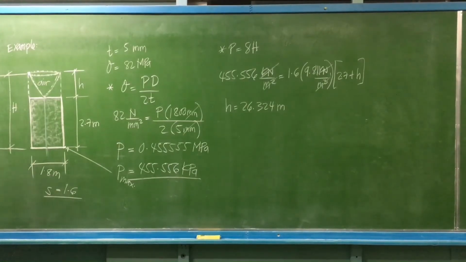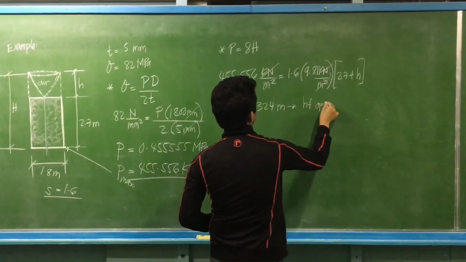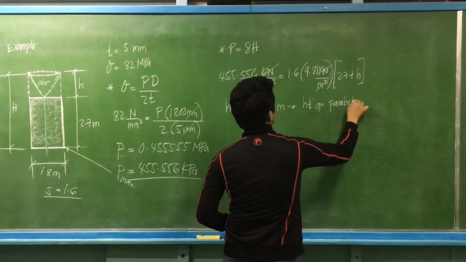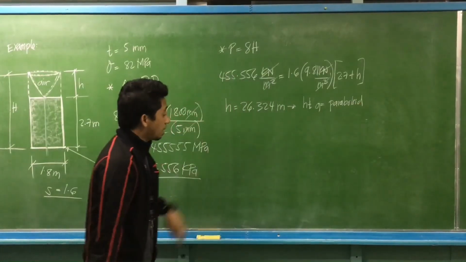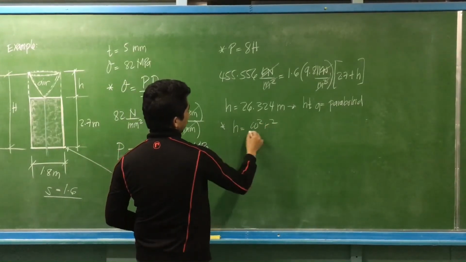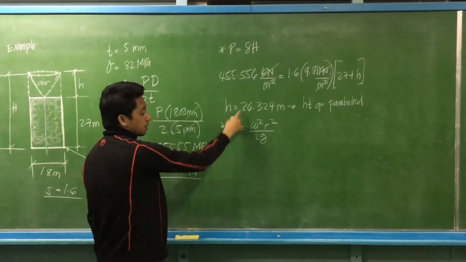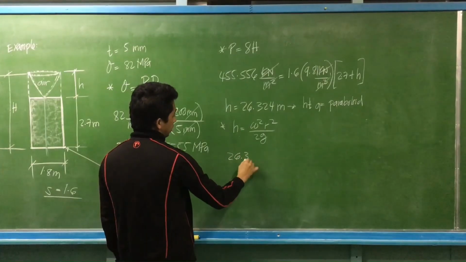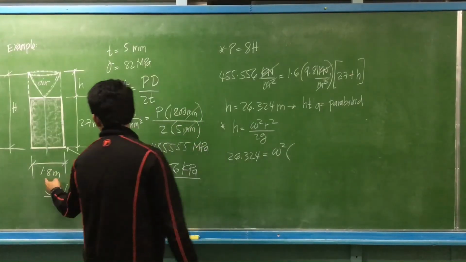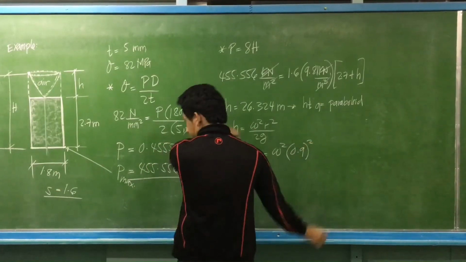Okay, so if you have now the height of the paraboloid, we know this height of the paraboloid. Balikan lang natin. The height of the paraboloid is equal to the angular velocity squared times the radius squared divided by twice the acceleration due to gravity. Okay, so we have this height, 26.324, is equal to the angular velocity squared. What is the radius of the tank? 1.8 meters diameter, so radius is 0.9, squared.